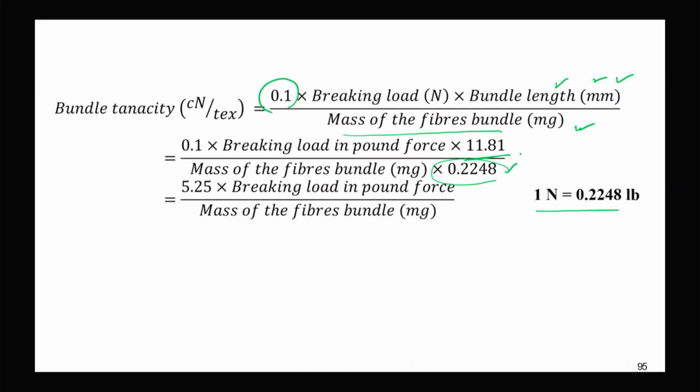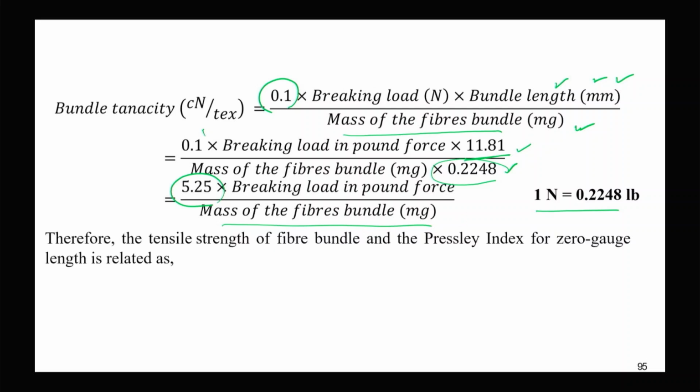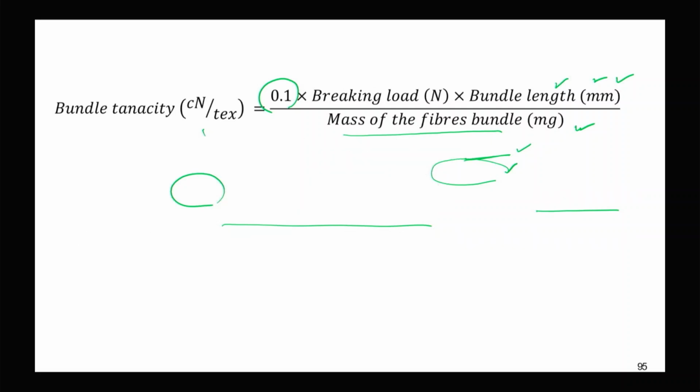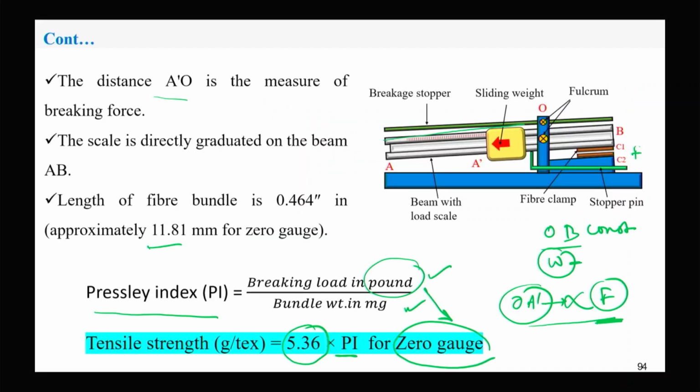So from this constant we can get the value 5.25, and this remaining part, breaking load in pound divided by the mass of the fiber bundle in milligram, is Pressley index. So that we have seen.